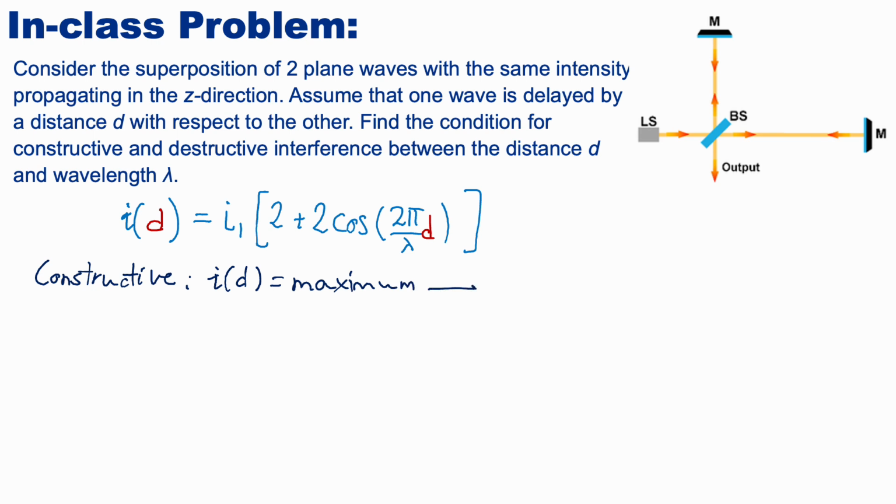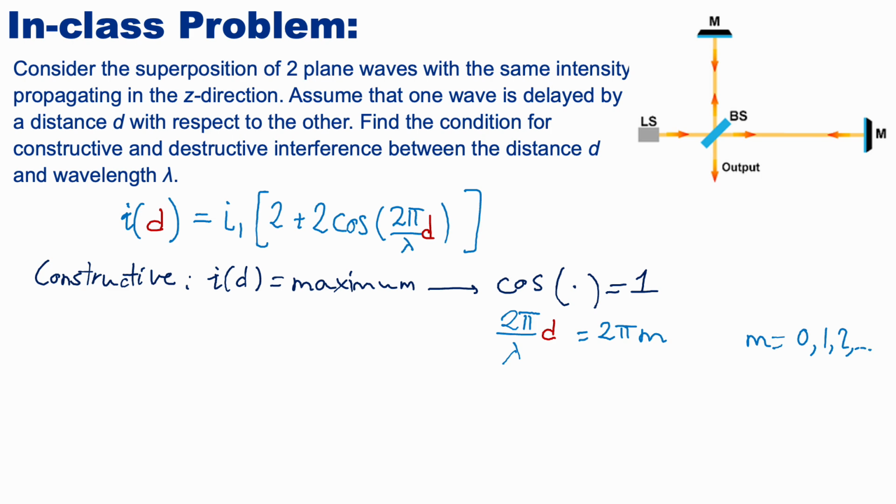So that means that the cosine is going to be equal to 1, and that means that the argument of the cosine, so 2 pi over lambda d, needs to be a multiple of 2 pi m, where m is just any integer value.